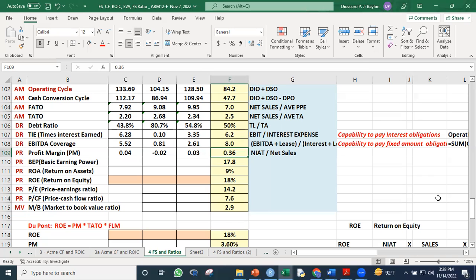Okay. Now, related to Tato, for example, is yung basic earning power. So, could you kindly chat, please, kung ano yung formula ng basic earning power? I'll wait for your formulas. Anong formula ng basic earning power?